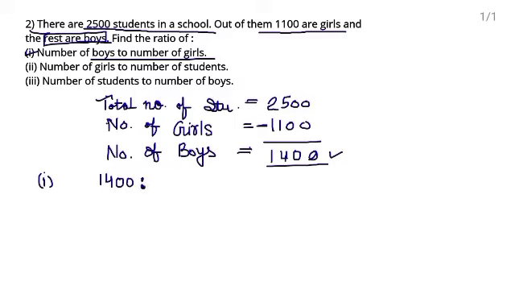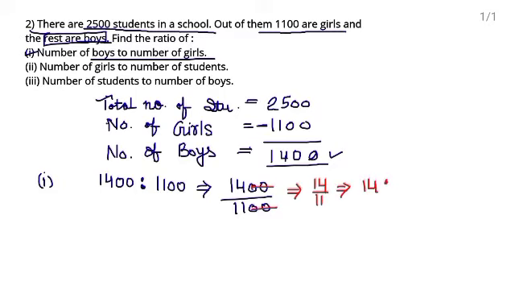So the number of girls is 1100. So find its ratio. This can be written as 1400 upon 1100. 0 and 0 cancel out. This is 14 upon 11, and in ratio this can be written as 14:11, right?